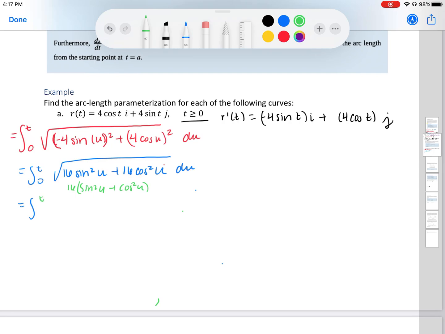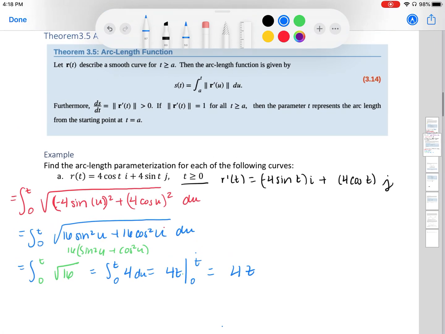So we're left with the square root of 16, which gives us 4. We apply the integral, so we're left with 4t from 0 to t, which in return gives us 4t.